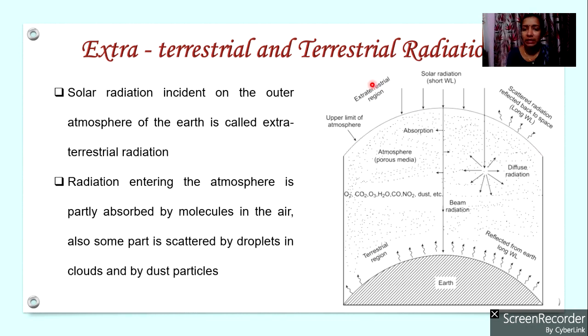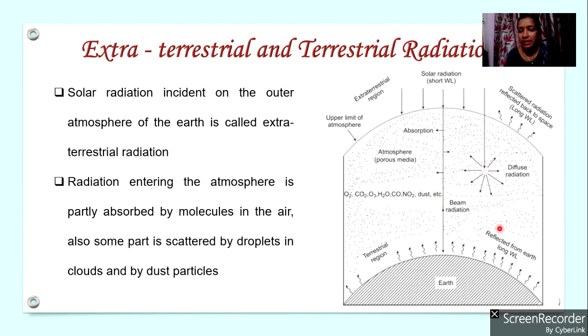Above that, the region outside the Earth's atmosphere is known as the extraterrestrial region, and the solar radiation falling on it is known as extraterrestrial radiation. A part of that is scattered and reflected back, and the remaining radiation will enter into the Earth's atmosphere.